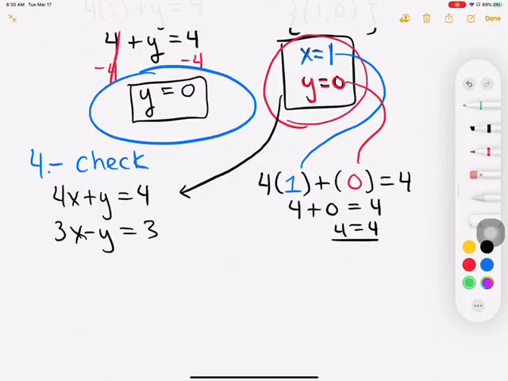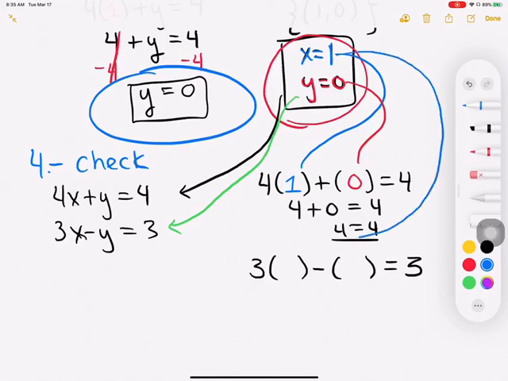Now if I substitute those into the second equation, let's see what I get. The second equation looks like 3 times x minus y equals 3. So now the value 1, that's an x, goes into the x. And the value for y, that's a 0, goes in the y.